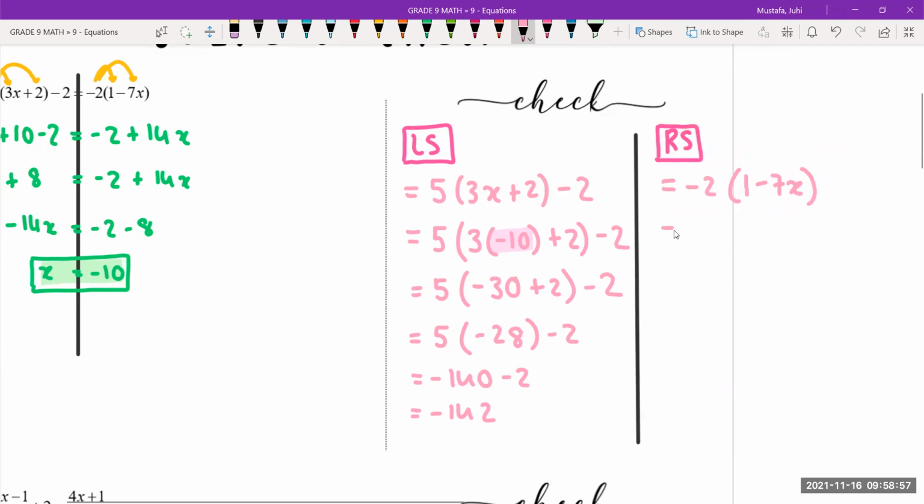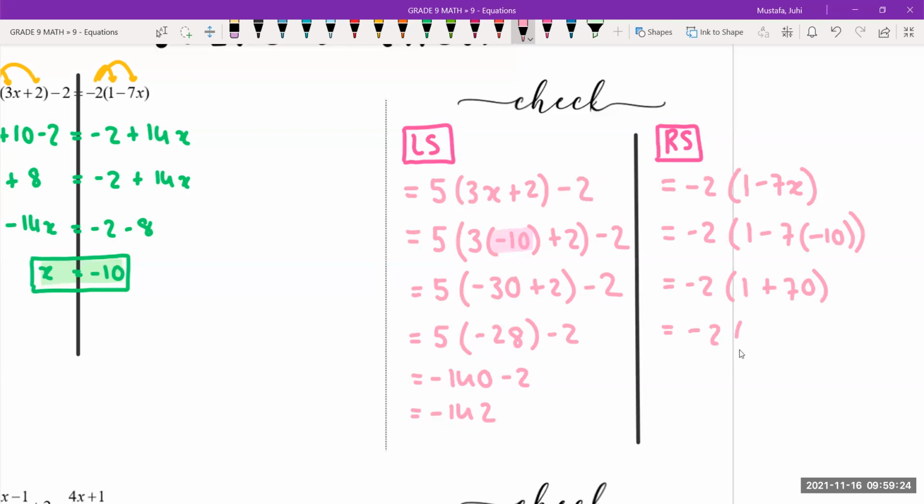All right, so now we're going to do the same thing as before. What am I going to plug in for the x over here? Like what's going to go inside this x? -10. Yeah, that's the solution we're checking. So it's going to be 1. What's -7 times -10? +70.